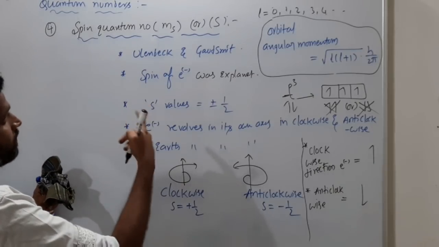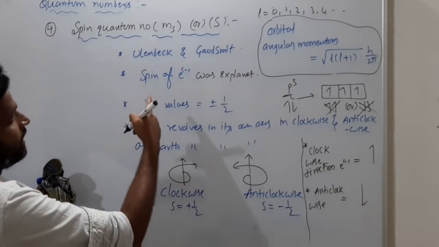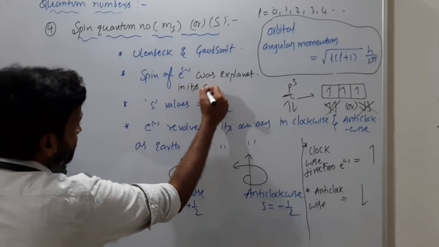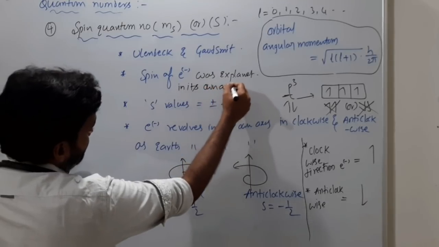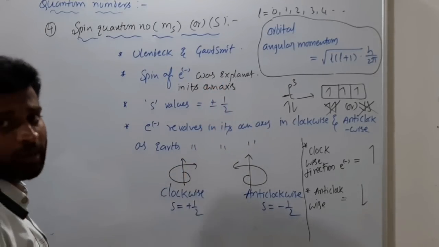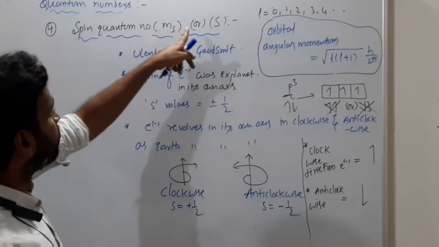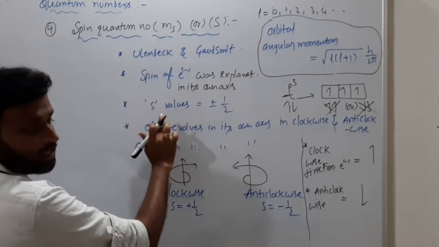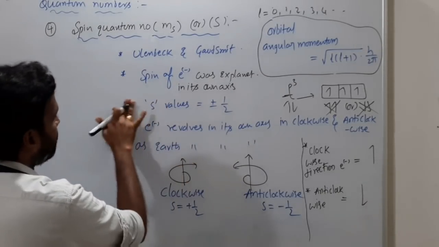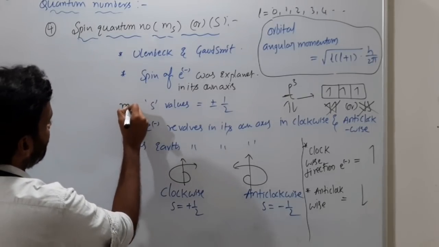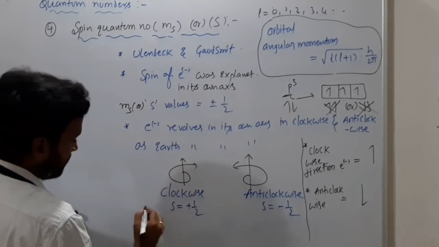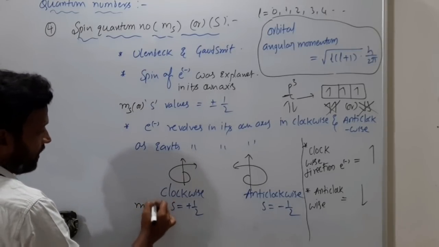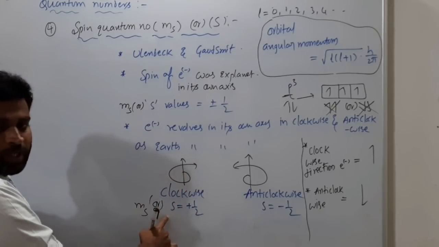The spin quantum number was explained by Uhlenbeck and Goudsmit, who explained the spin of the electron on its own axis. It is represented by MS or S, which takes the values plus or minus half. If the electron revolves clockwise, what is the spin quantum number value?